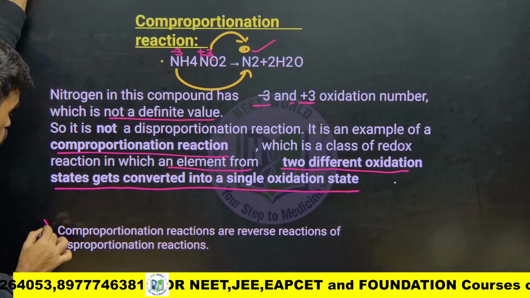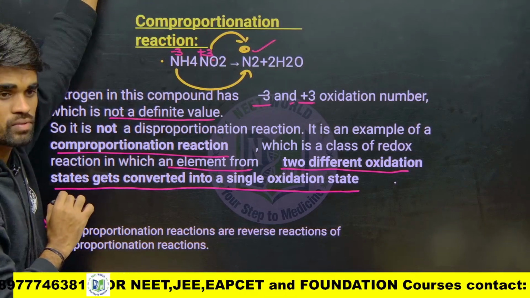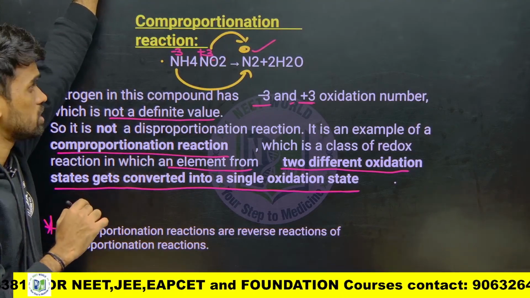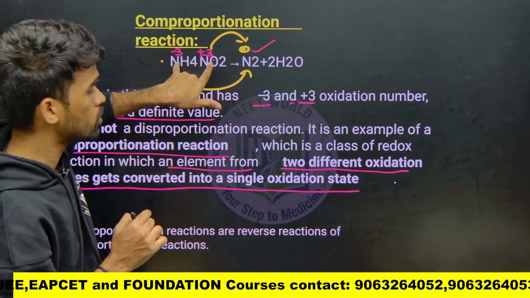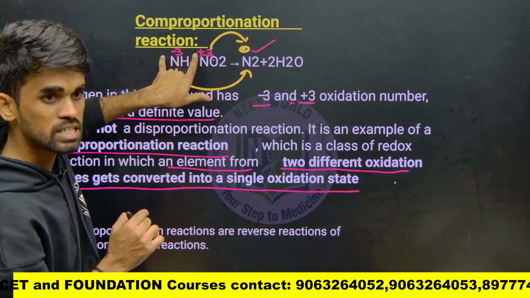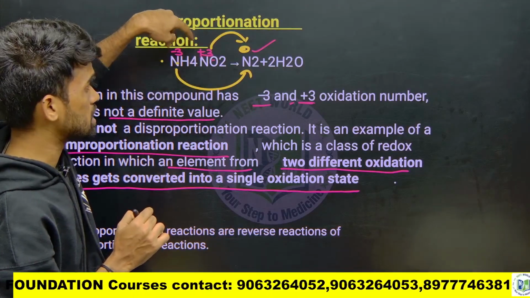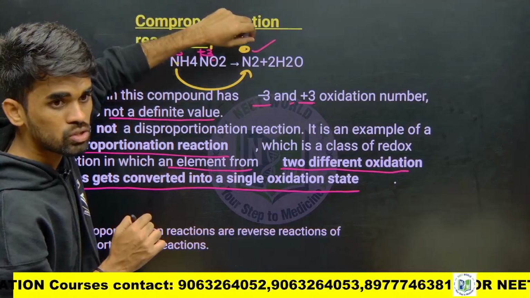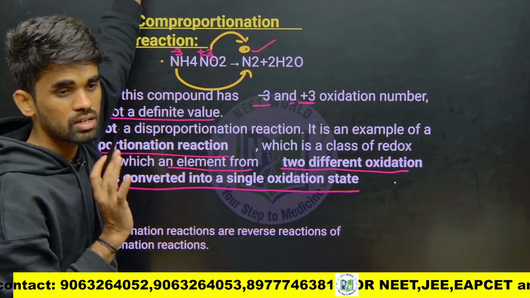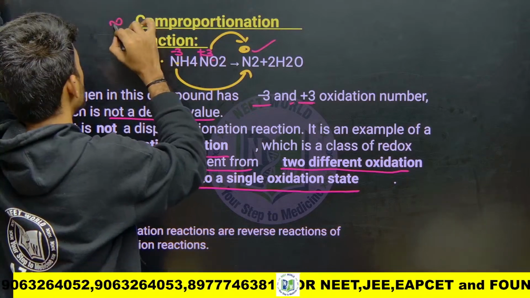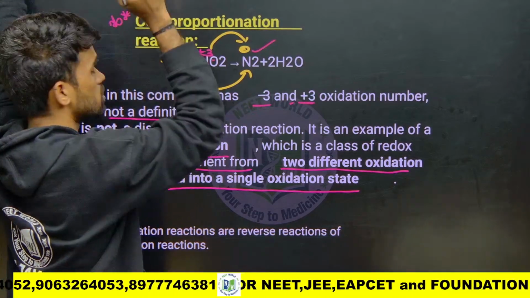Okay, so comproportionation reactions are the reverse of disproportionation. If an element forms two different oxidation states, that is disproportionation. If a compound containing two different oxidation states is converting into one oxidation state, that is comproportionation. Yes. So these are the two important things you need to remember.